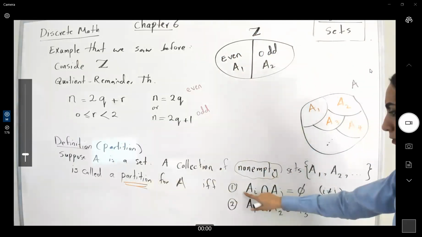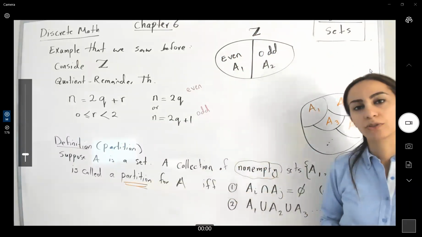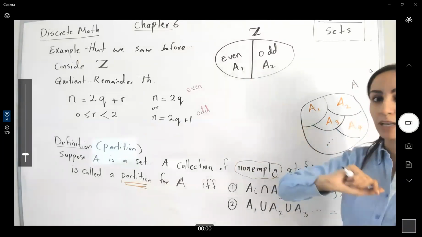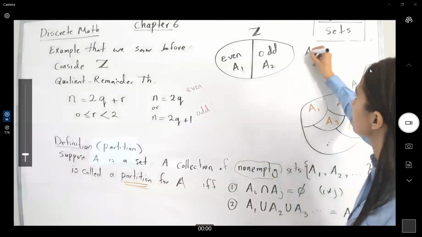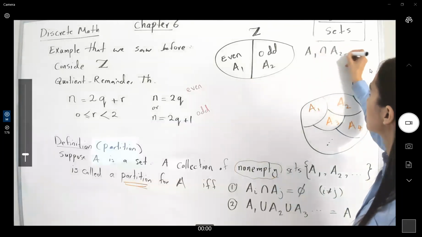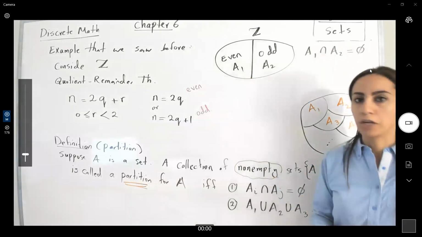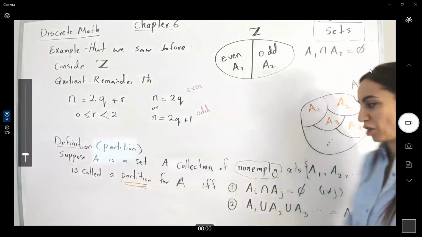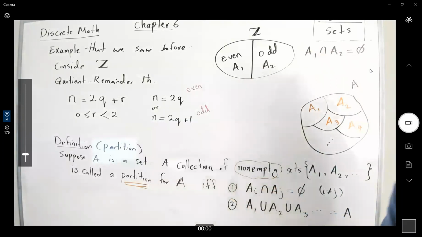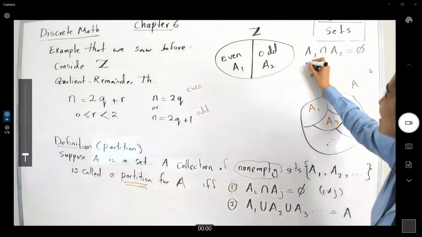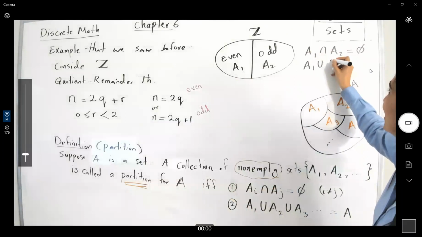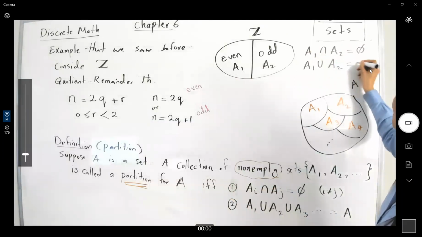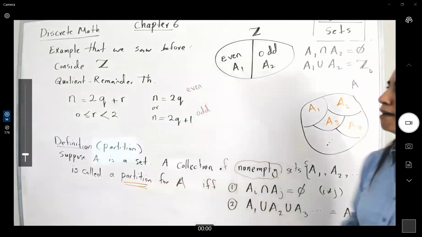Non-empty. The intersection is equal to empty. Of course it is. There is no intersection between A1 and A2. The set of evens and odds have no intersection. We don't have a number that is even and odd at the same time. And if you take the union of these two sets, it is equal to Z. All conditions are met.